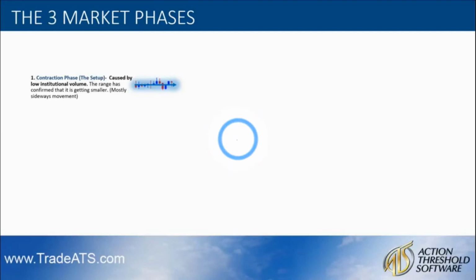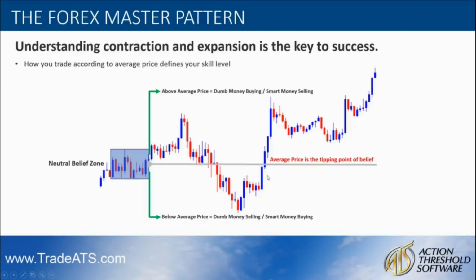It's not ATS's setup, it's not your setup, it's not my setup, it's the market's setup. So if the market is setting up, then you're setting up. Any ideas that you have about what's happening, as they say, is totally irrelevant. Now, let's just go on to the next slide, and you'll see how they draw this contraction phase.